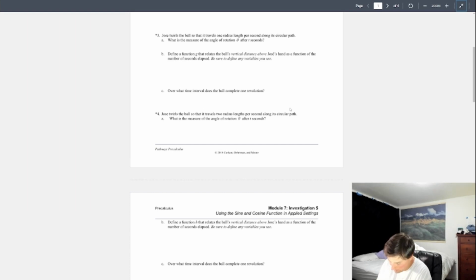So I'll define, again, theta as 2 RL per second times t in seconds, and then function h, it's just h of theta equals, as a function of the number of seconds elapsed. Oh, as a function of the number of seconds elapsed, so I can't do theta. Oops. This is like that function of function stuff.